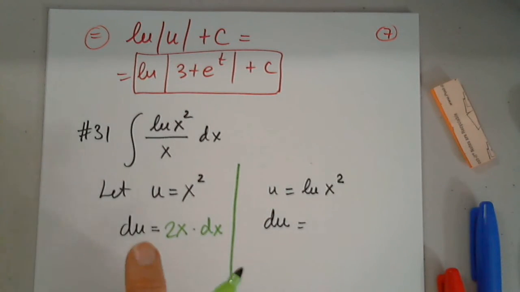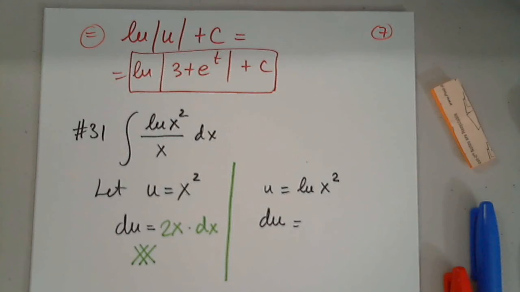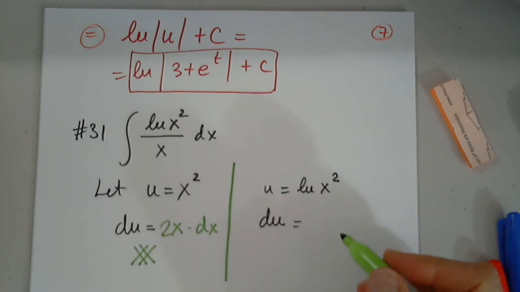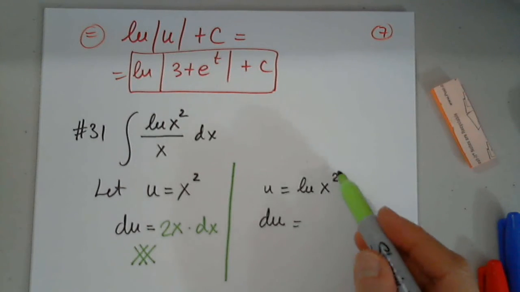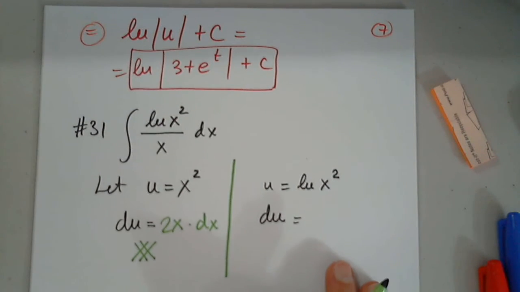Okay, so that doesn't really take me where I want to go. Let's try this one now. Let's try the differential of u for the function natural log of x squared. Let's see what happens now. What is du for this function? We differentiate natural log. What is the derivative of natural log?